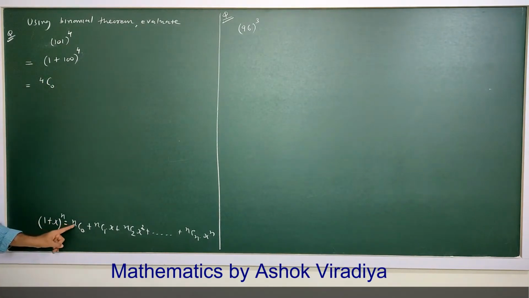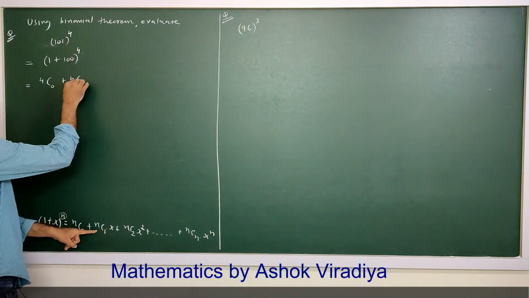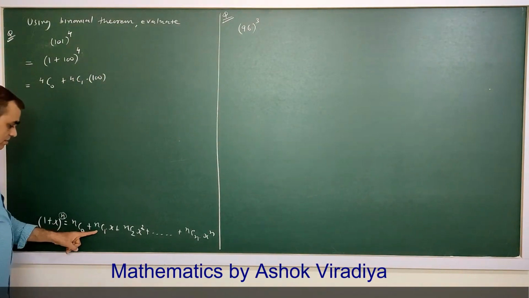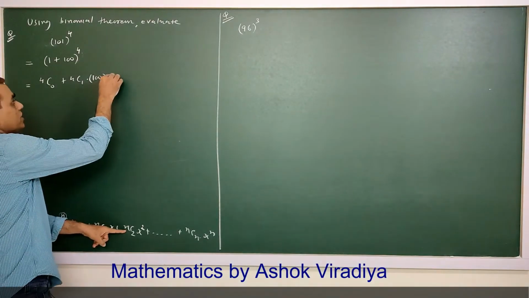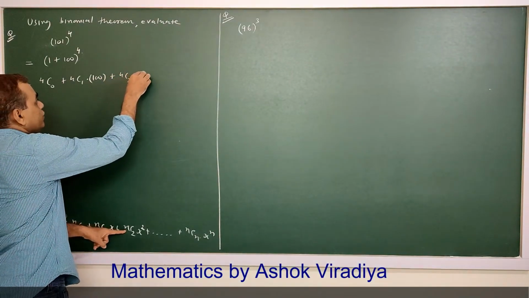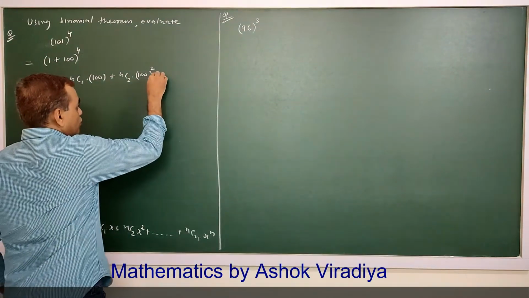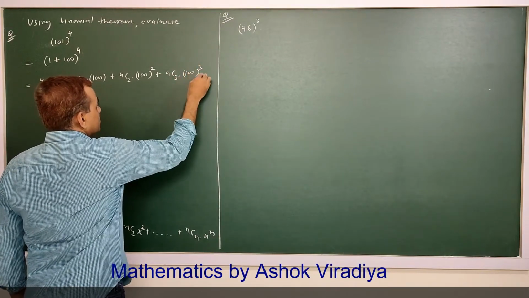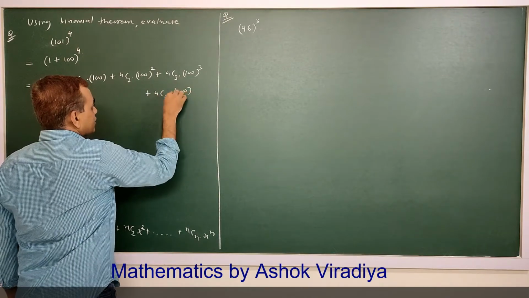we get 4C0 plus 4C1 into 100, where x is 100, plus 4C2 into x square, plus 4C3 into x cube, plus 4C4 x raised to 4.